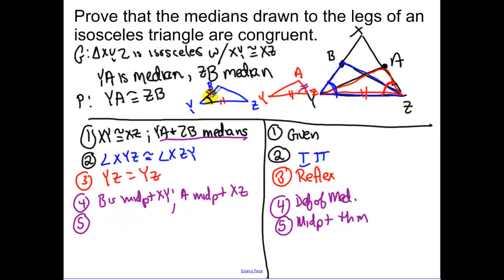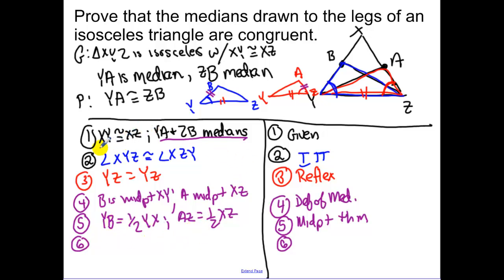that since I'm trying to prove YB equal to AZ, the length of YB is half of the whole segment, and same thing with AZ. So then from there, I need to get YB equal to AZ.